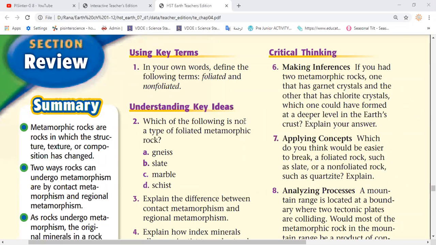But in non-foliated rock, as we studied, the spaces between the minerals somehow change and they merge to form a new combination, which makes them stick highly to each other and hard to break down. So that's why they are harder than foliated rocks. Foliated rocks still have some spaces between minerals, which make them easier to break down. Okay, guys.